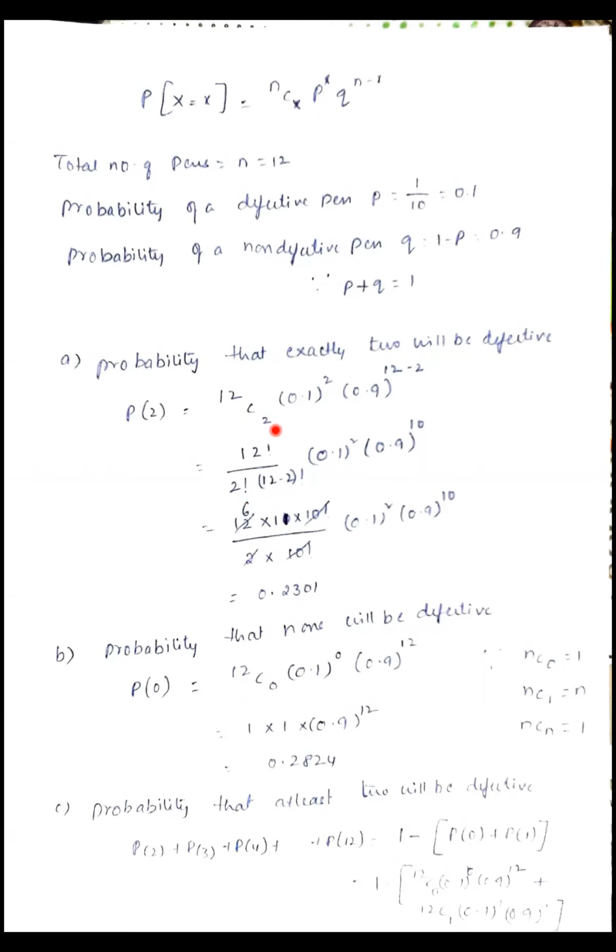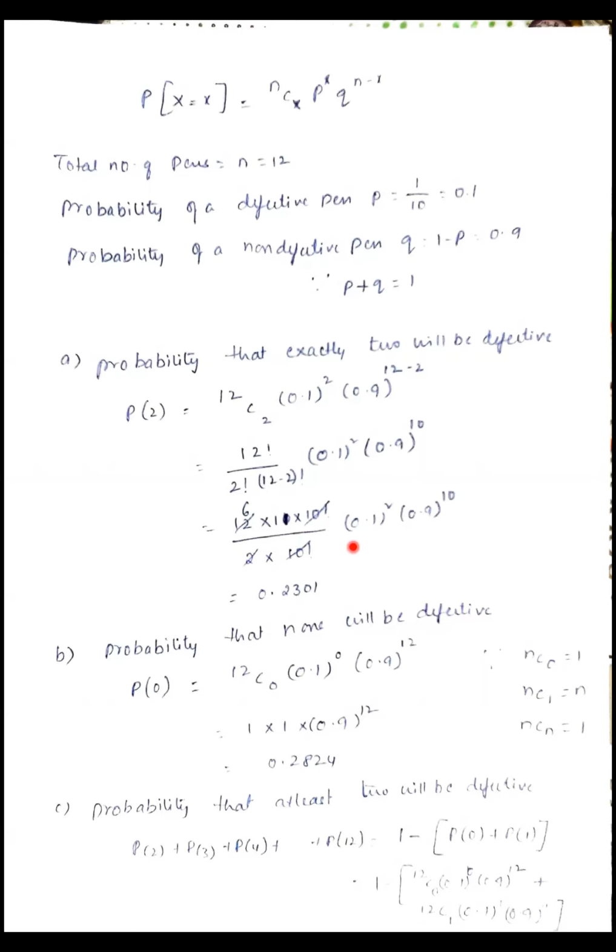Clear? 12 factorial means 12 into 11 into 10 into 9 and so on. 2 factorial means simply 2 into 1, so its value is 2. And 12 minus 2 is 10 factorial. Here 10 factorial and 10 factorial get cancelled, and 2 into 6 is 12.